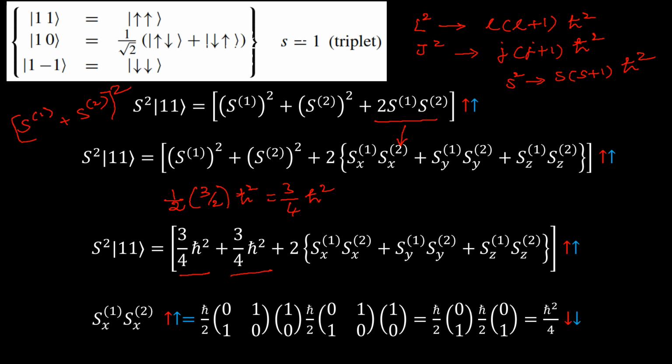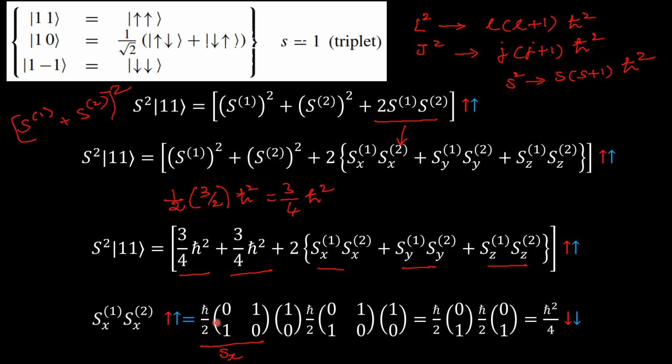Now we have to find Sx into Sx, Sy into Sy, Sz into Sz. We will see first what happens if Sx of 1 and Sx of 2 act on the electron and proton. First, when Sx acts on the electron, the Sx matrix is ħ/2 times (0, 1; 1, 0).